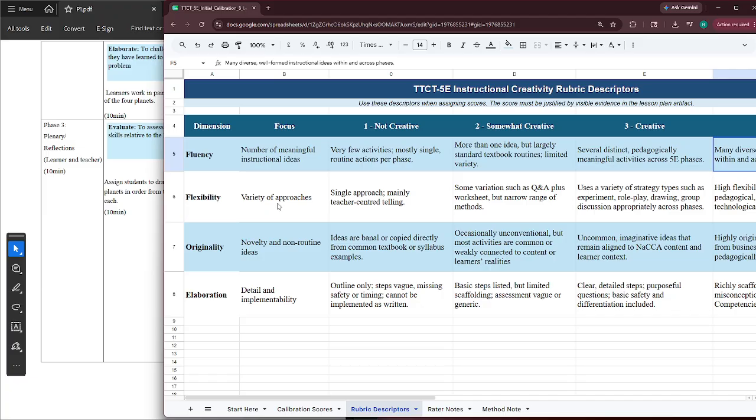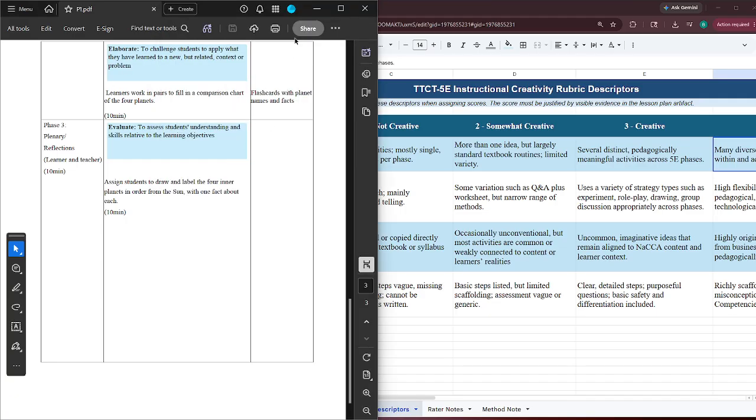Variety of approaches, instructional approaches, right? Okay, so let's check.